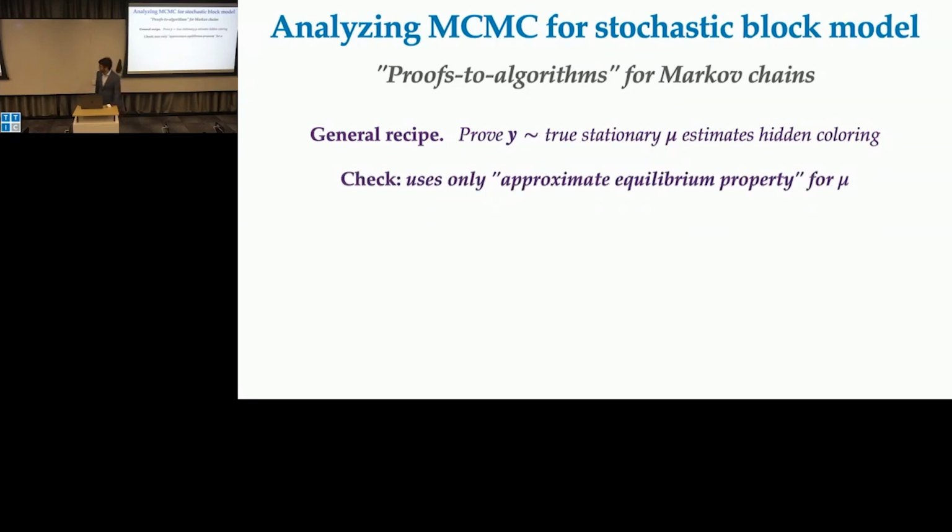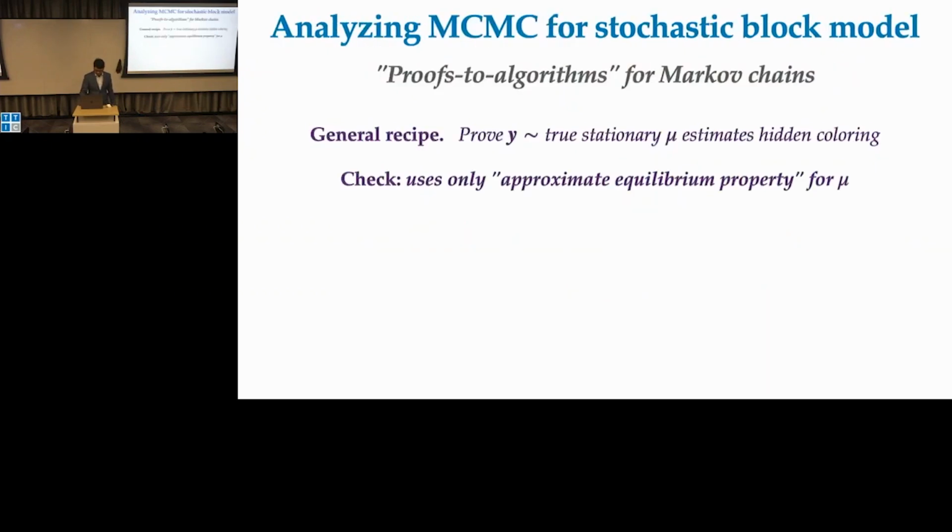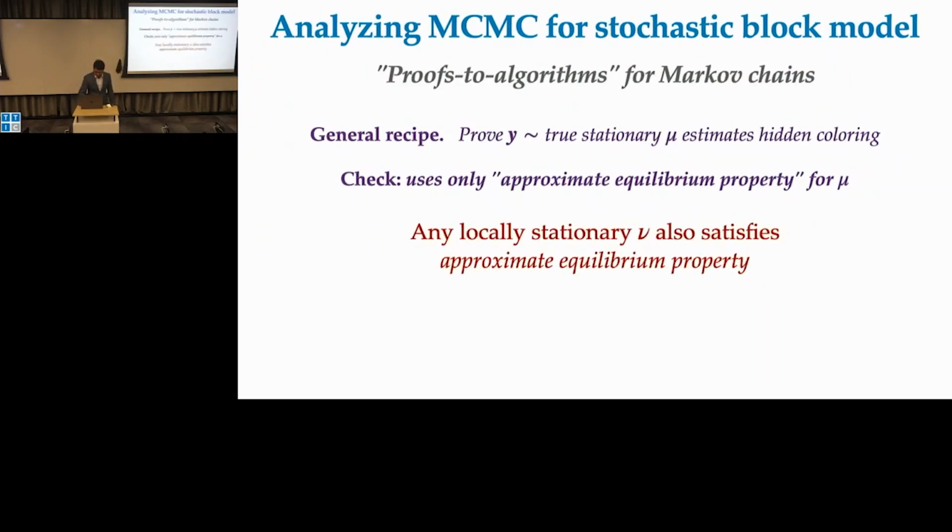If we can check that this particular proof uses only this approximate equilibrium property, that is, the distribution doesn't change much when you run a single step of the Markov chain, then for free, you also know that because the locally stationary distribution has this approximate equilibrium property, it estimates the hidden coloring.